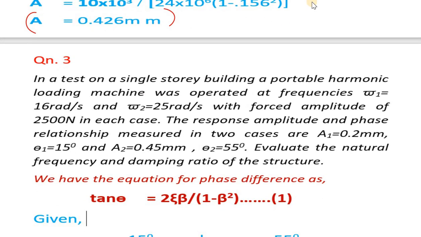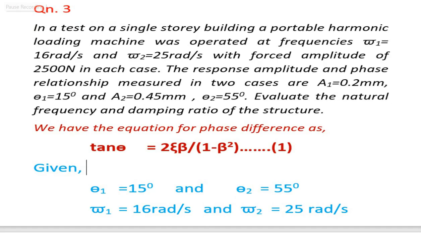Now another question: in a test on a single story building, a harmonic loading was operating at frequencies. Okay, there are two frequencies. Here there are two harmonic loadings, omega 1 and omega dash. The two frequencies are given as 16 radians per second and 25.